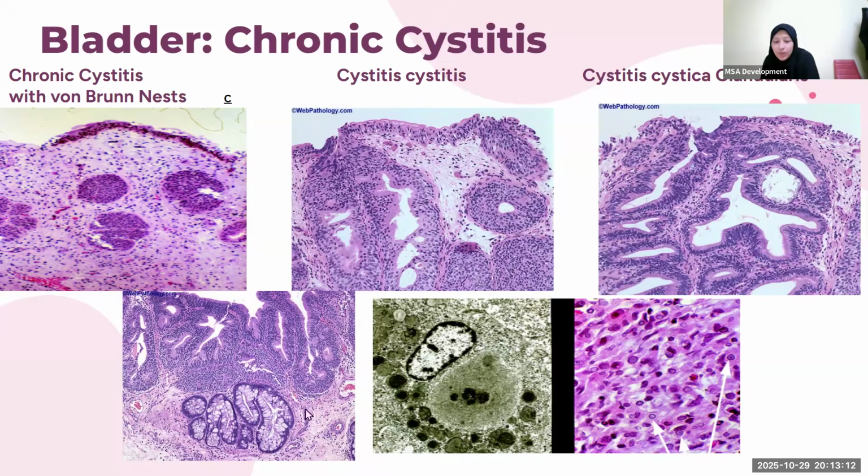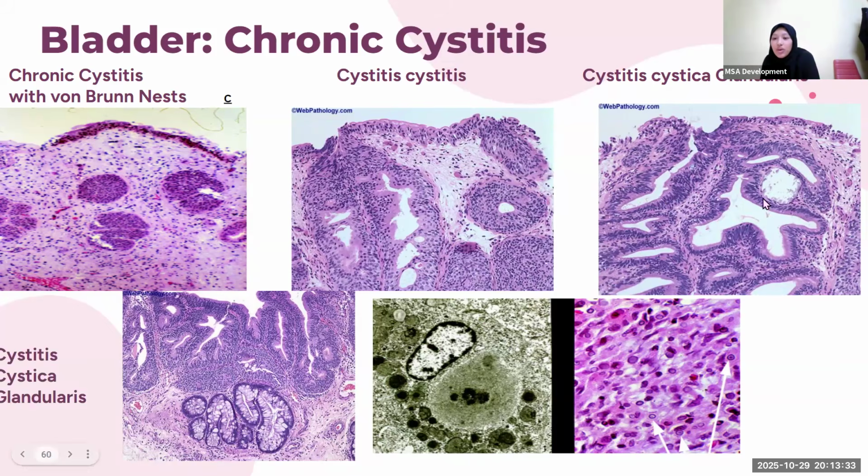Now, this can progress further into this right here, which is cystitis cystica glandularis again. So my bad. This one is cystitis cystica glandularis. This is also cystitis cystica glandularis, but with the goblet cells.